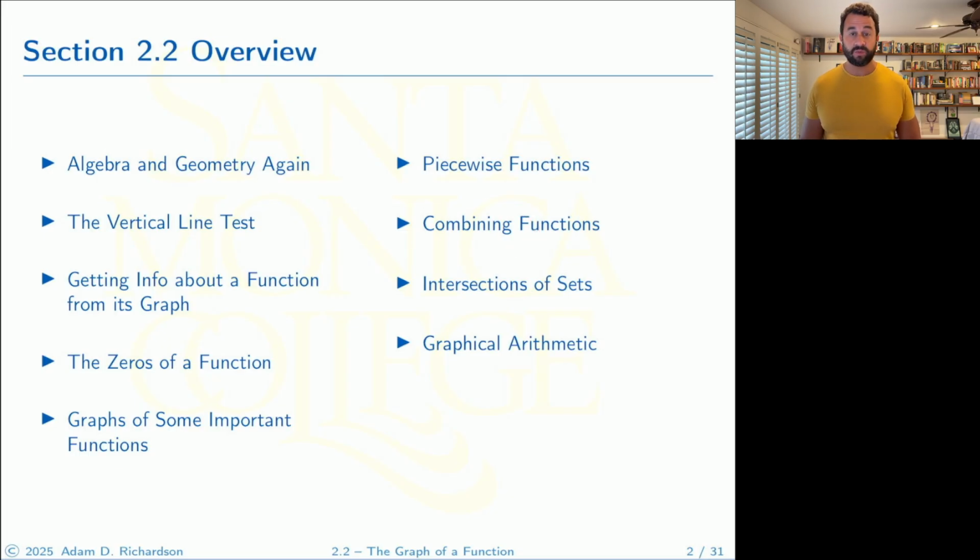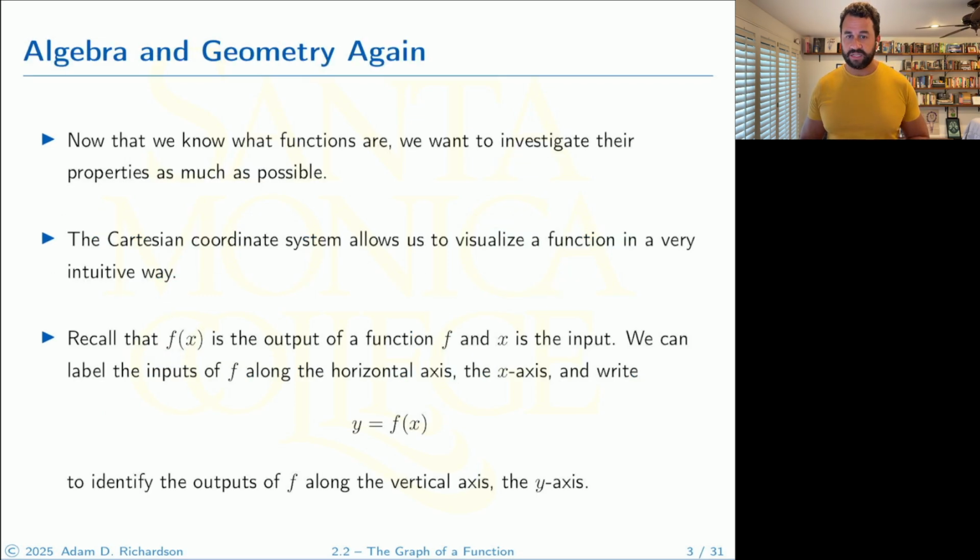And then in the end, we're going to talk about graphical arithmetic, which is essentially doing arithmetic using the visual graphs of these functions. That actually makes interpreting what the result of a combination of functions will look like much easier. And we're going to practice it during the activity as well, where we're going to do physical graphical arithmetic. Pretty fun. All right, so let's get started with this.